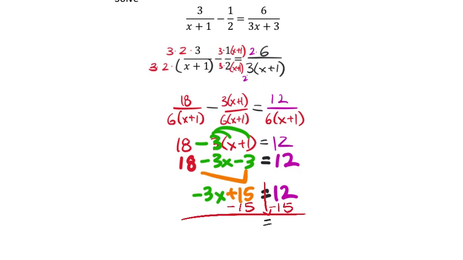And that allows me to drop my 15 on the left. Equals, because the 15 zeroed out, 12 minus 15 is negative 3. I think some of you guys know how this ends, but finally, we'll divide both sides by negative 3. And I get 1x equals 1.